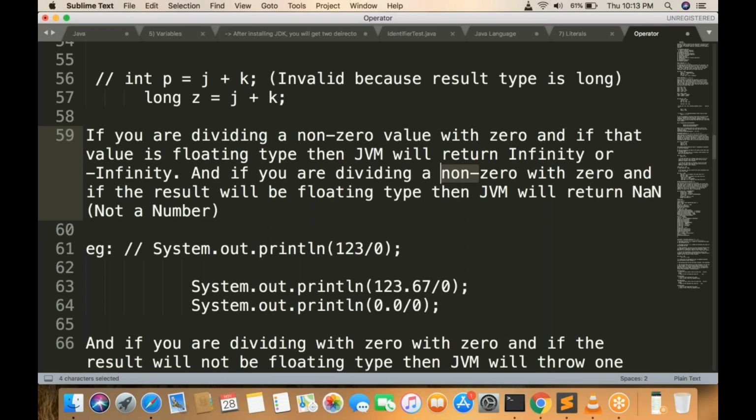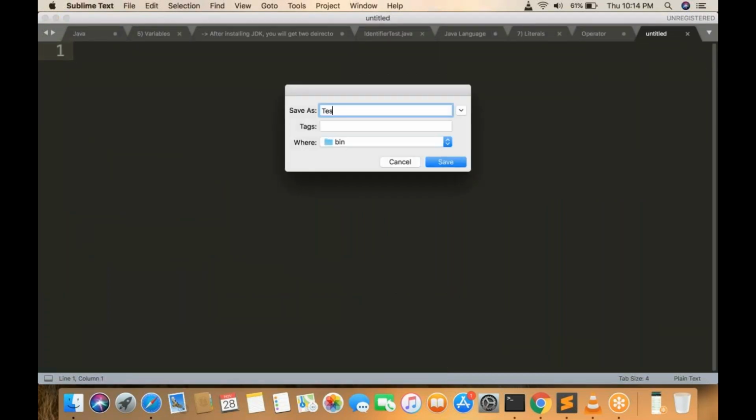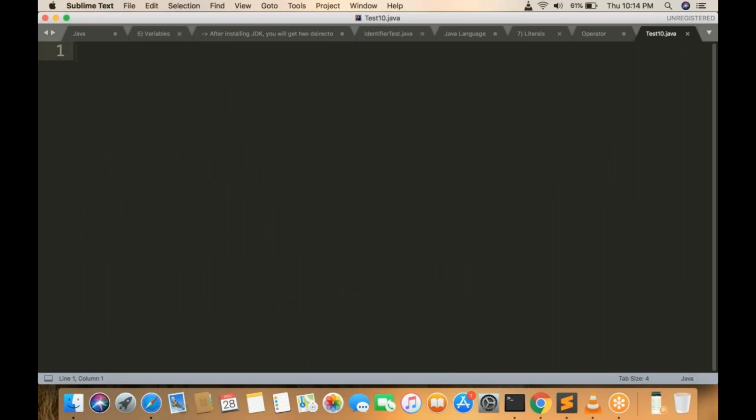Okay, one minute guys. Let's suppose we will take some example, then you will get better. One minute. Suppose I'm writing here, I'm saving this file as test10.java. Fine.